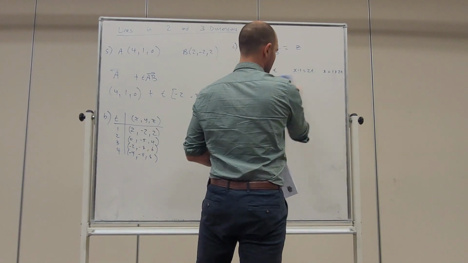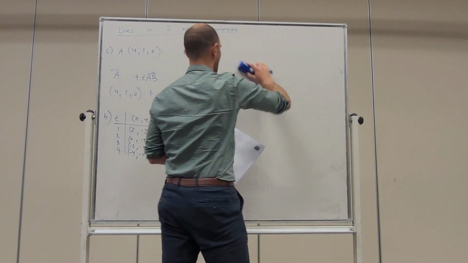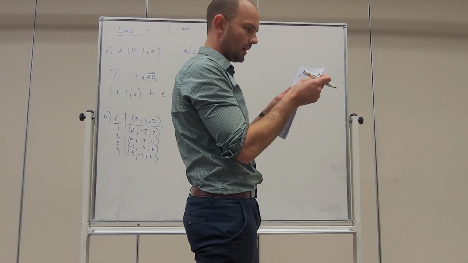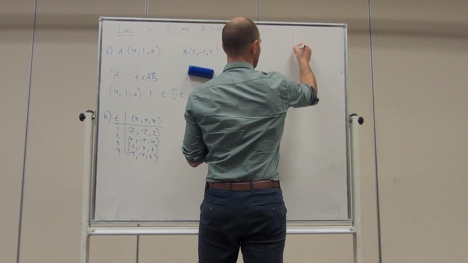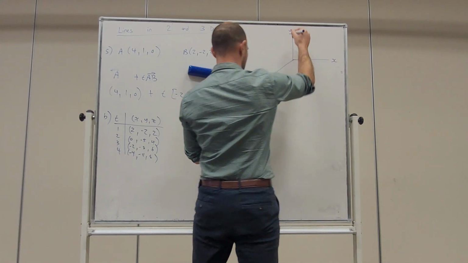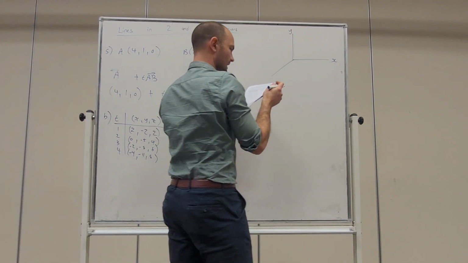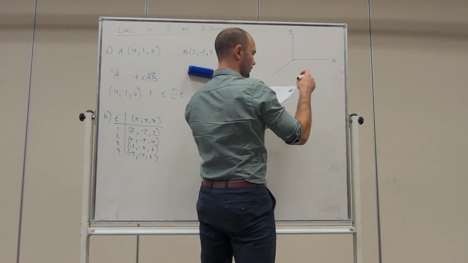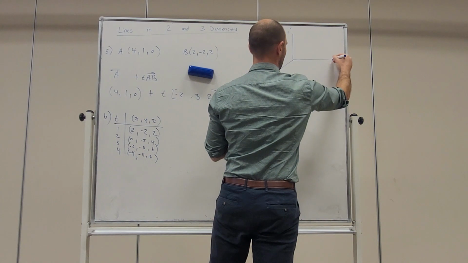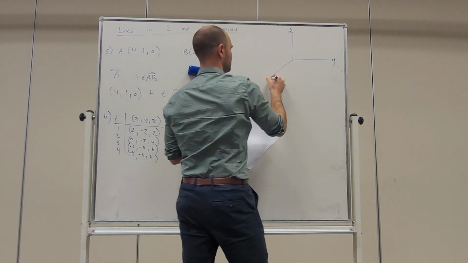Now, part C says, determine where this line meets the xy plane. We're just going to change that to xz, such that it's not one of the coordinates we have. I want to know, when does it meet the xz plane? We've got an image sketch there that draws those out for you. We're familiar with variables x and y. They've sketched it a bit differently, with y and z.